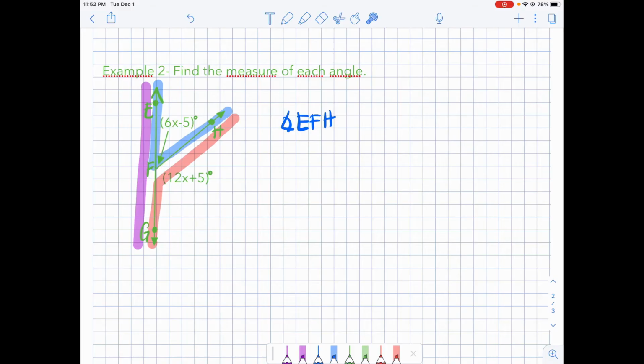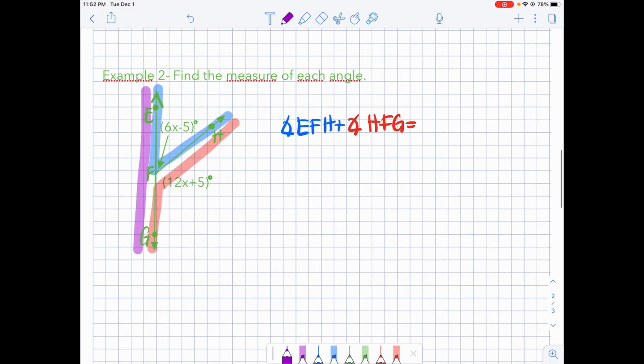So EFH plus angle HFG, both of them have the same vertex, which is F, is equal to the large angle, which in this case is angle EFG. EFG, vertex in the middle, which is F.